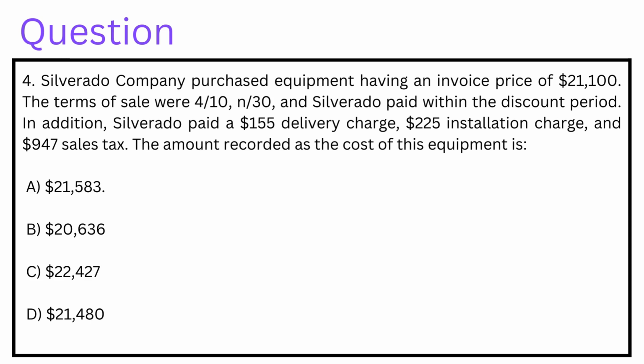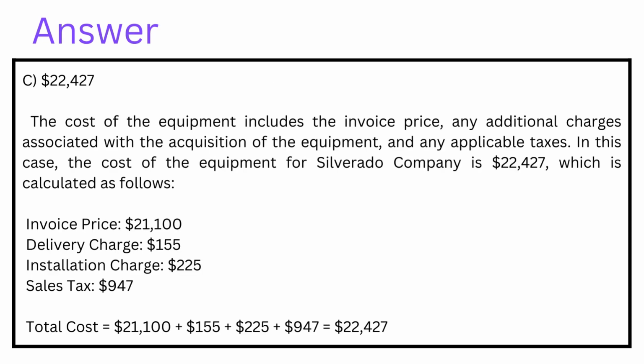The amount recorded as the cost of this equipment is: option A, $21,583; option B, $20,636; option C, $22,427; option D, $21,480. The correct answer is option C, $22,427.